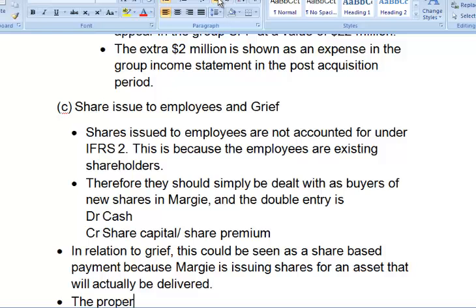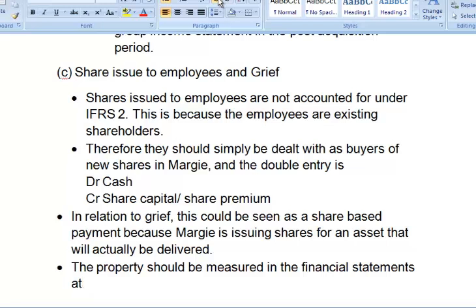The property should be measured in the financial statements at the fair value of the shares issued by Margie. So what are we going to do here?